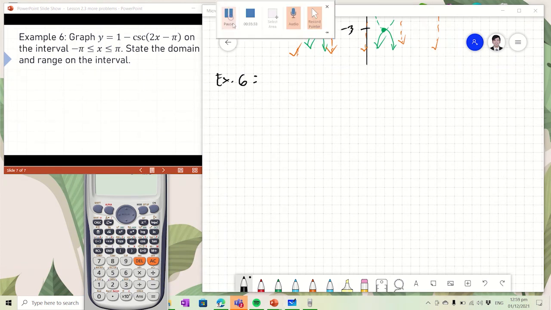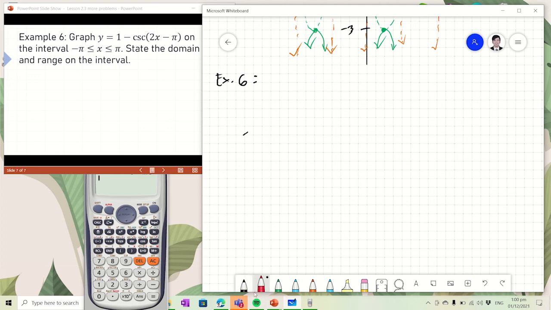So, okay, so now the given is this one. I'll just have to write it. 1 minus cosecant of 2x minus pi. So we just have to draw the guide function.